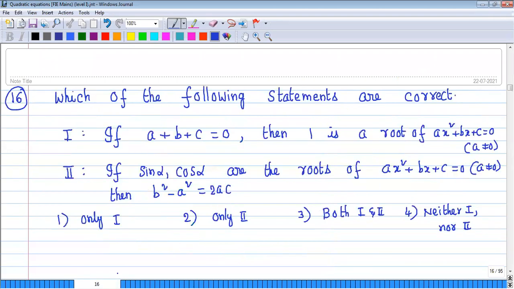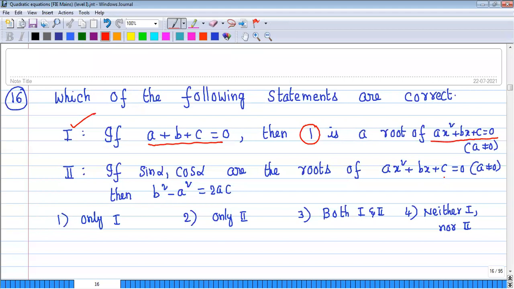Right. So the first statement is correct only. If a plus b plus c is equal to 0, 1 is the root of ax square plus bx plus c is equal to 0. If 1 is the root, just substitute, you will be getting a plus b plus c is equal to 0. This statement is correct. Second statement we need to verify. If sin alpha cos alpha are the roots of this one, sin plus cos is equal to minus b by a, sin into cos is equal to c by a.